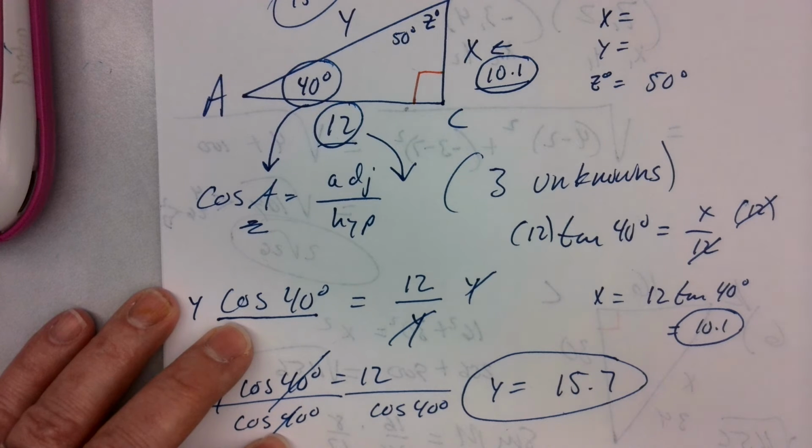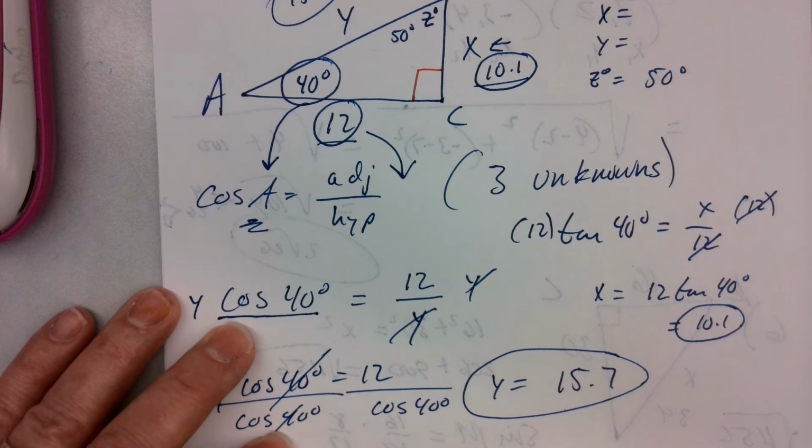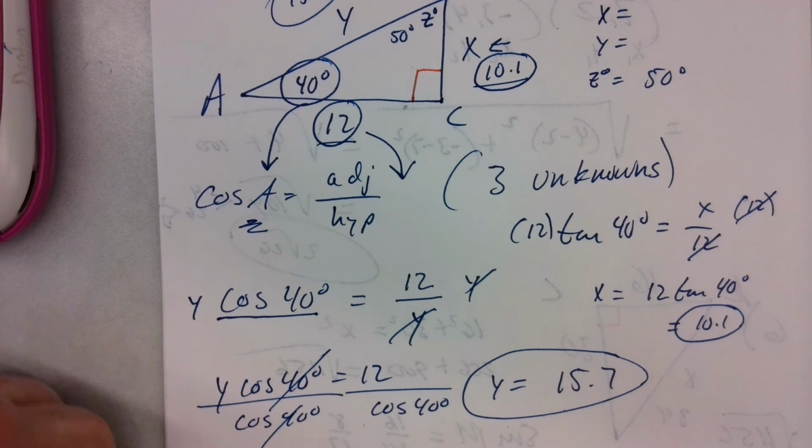Because the degrees aren't the same. You're right. But does anybody know what that has to look like? No matter what, the smallest angle must be opposite the smallest side.